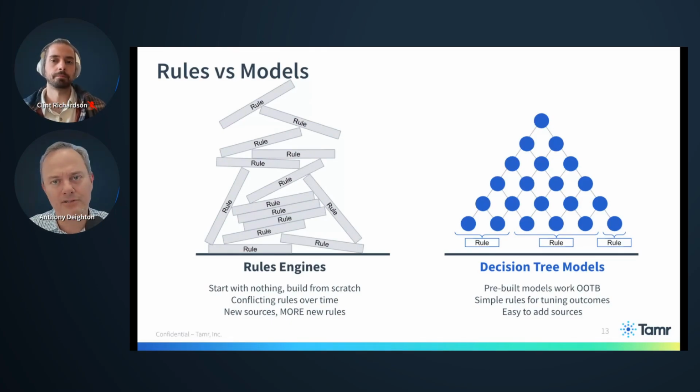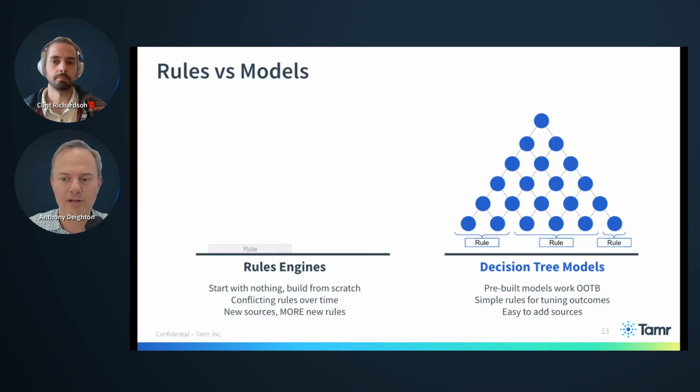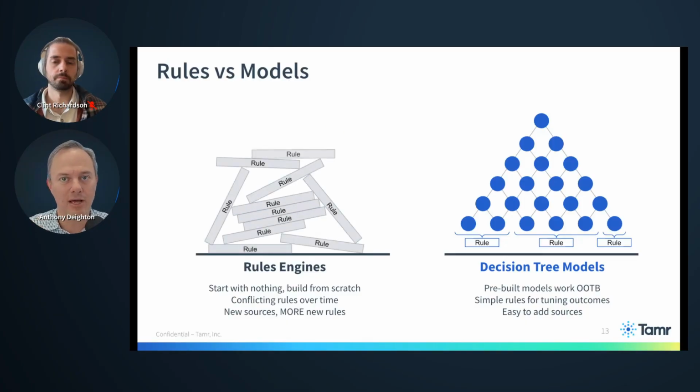And one way to think about this conceptually is that we encode in the system every possible rule that you could have written. And we simply find the path through that tree that is the best rule in that moment. And this also allows the system to be explainable, because we can always return back to you which path we took through those decision trees.